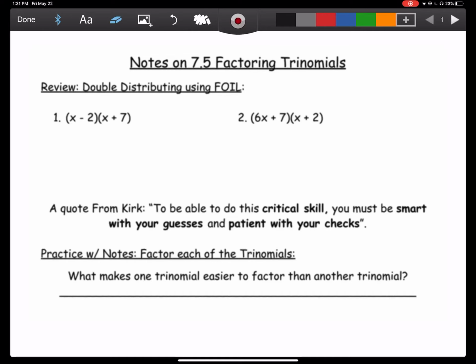Okay, here we go. Looking at number 1, since we're using FOIL, it's important to recognize what it really means.